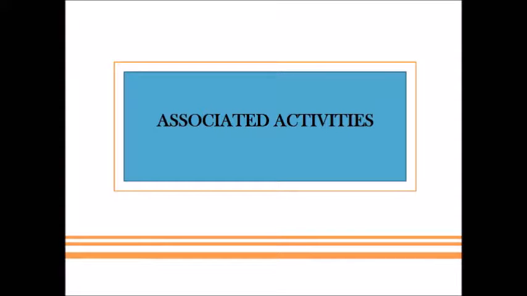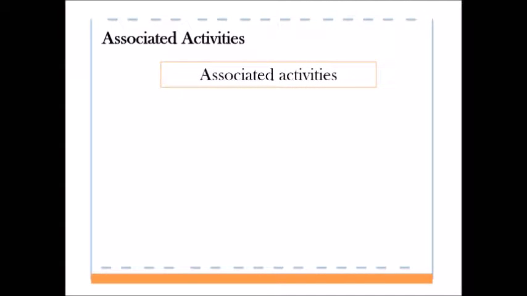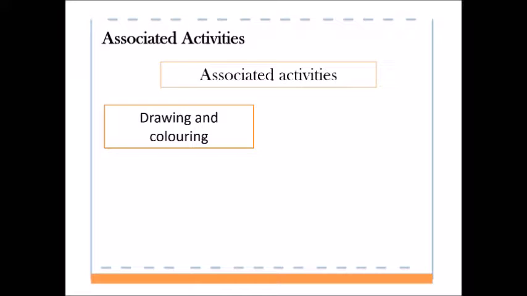The last is associated activities. There are several activities which can follow on from regular book reading. The first is drawing and coloring. Children can draw the characters, create a map showing where the story takes place, think of other possible cover illustrations, and so on.